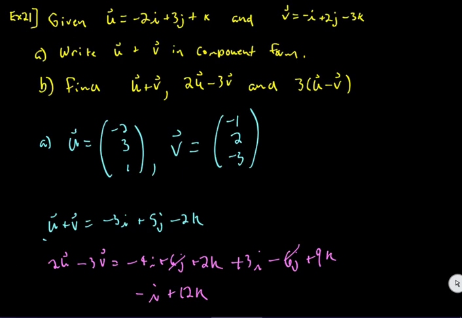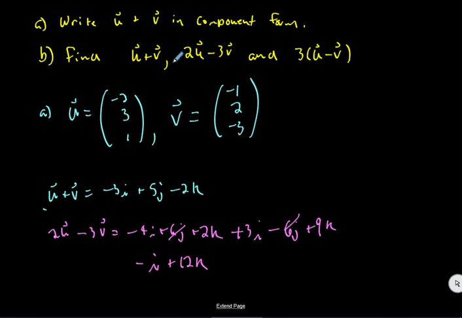And then the last thing we want to do is 3 times, I'm going to write it over here, 3 times U minus V, right? So if I use these guys right here, U minus V, negative 2 plus 1, right? And this would be 3 minus 2, and then 1 plus 3.